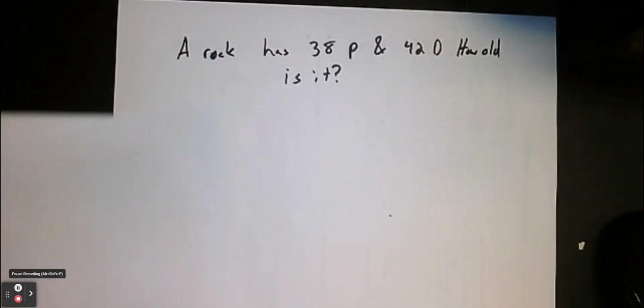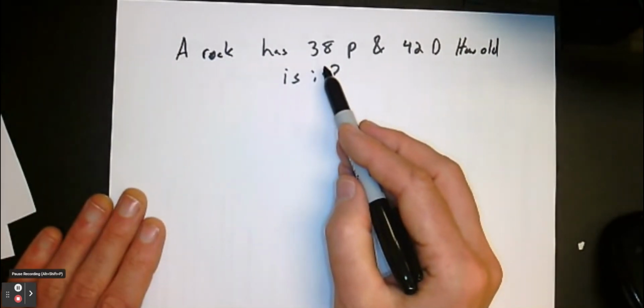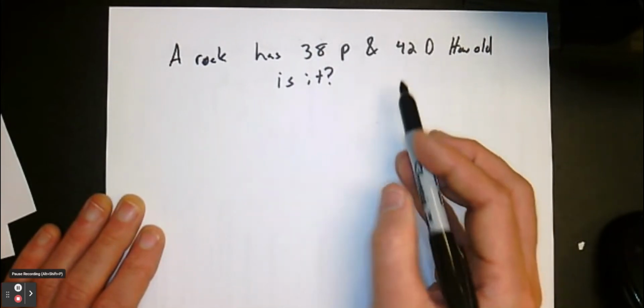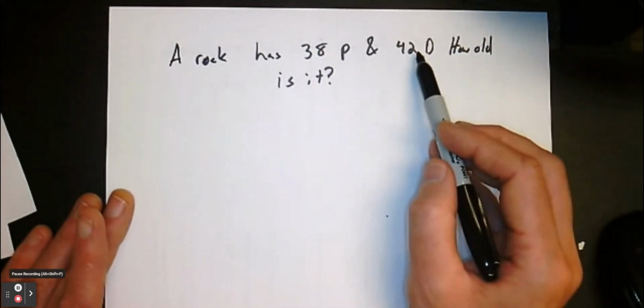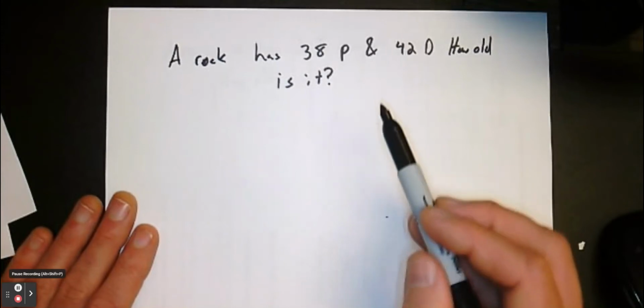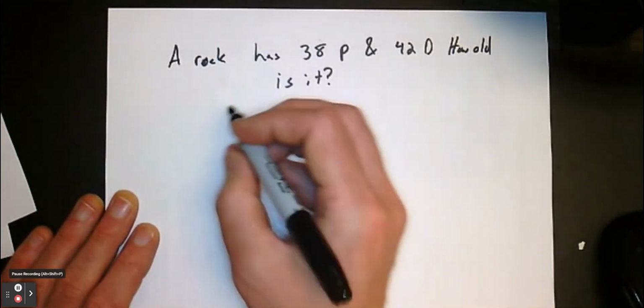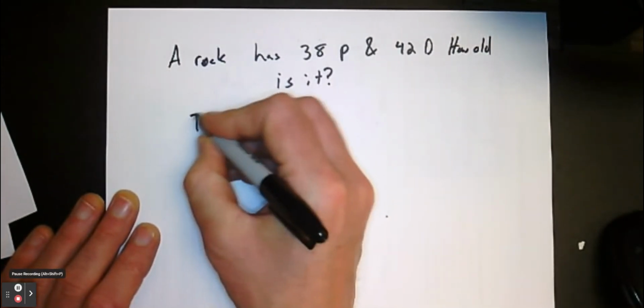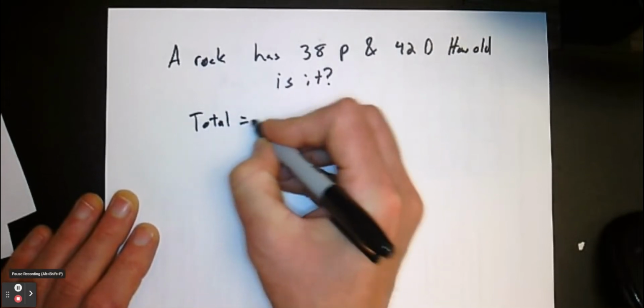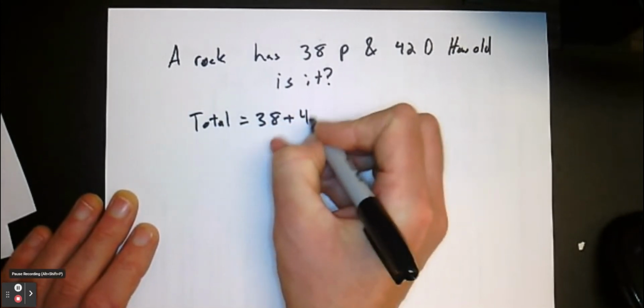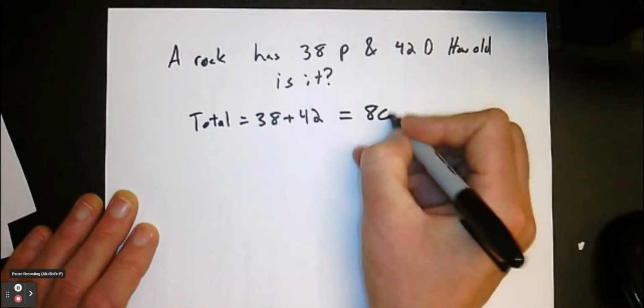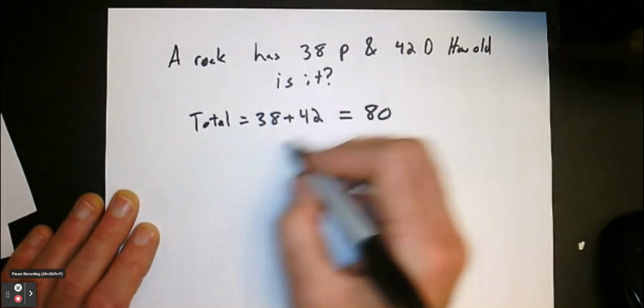Let's go over a couple problems. A rock's got 38 parents and 42 daughter. How old is it? Well, it's got more daughter than parent, so it's definitely older than 1 half-life cycle. I've got a total of 38 plus 42, which is equal to 80. That's the total.